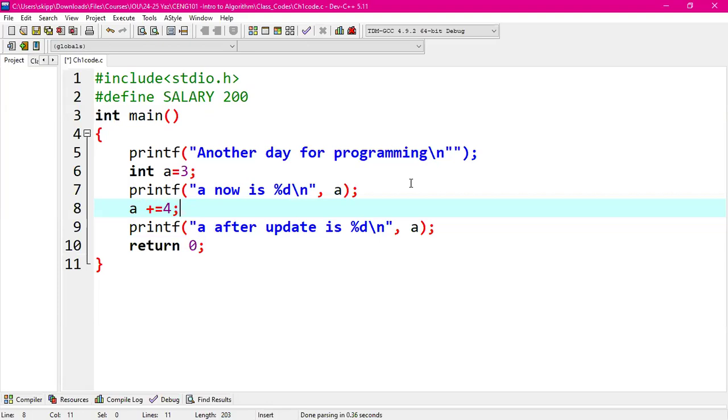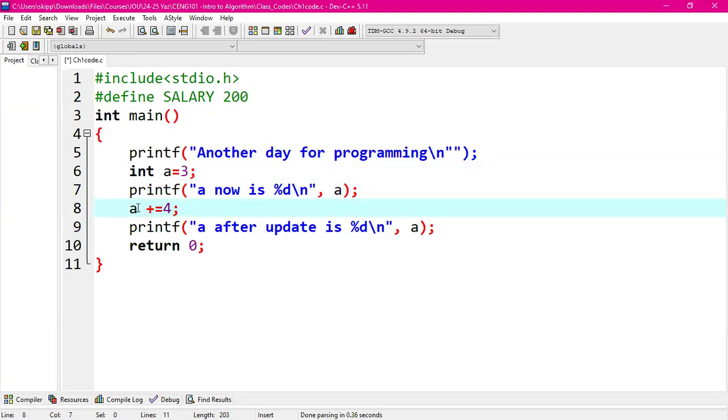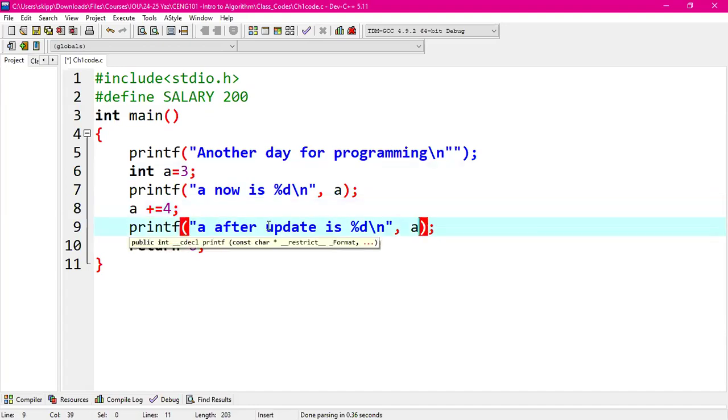So we get a new value for a. So what do we expect? Here, it would print the current value of a. a is 3. Here, it takes the value of a, adds it to 4, and then it gets 7, and so it assigns 7 back to a. So the new value of a becomes 7. And so here, it has to print "A after update is 7".